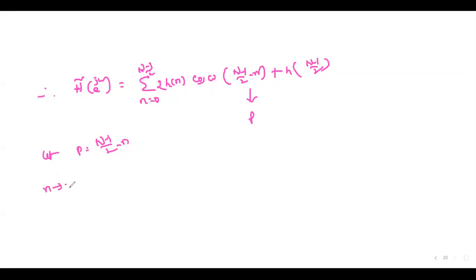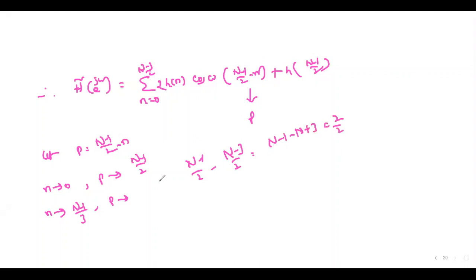Therefore, as n tends to 0, this p tends to (N-1)/2, and as n tends to (N-3)/2, this p tends to n cancel. It will be equal to (N-1)/2 - (N-3)/2. So it will give (N-1-N+3)/2, so it is 2 by 2, which is equal to 1.